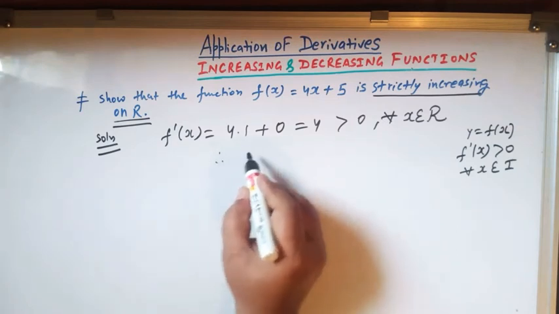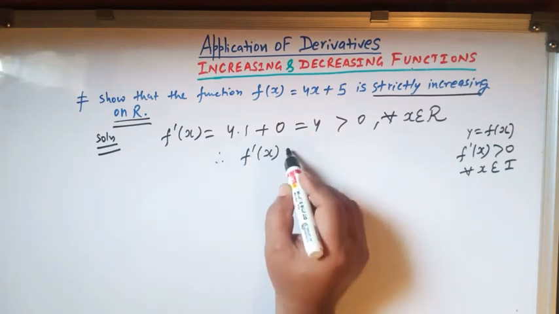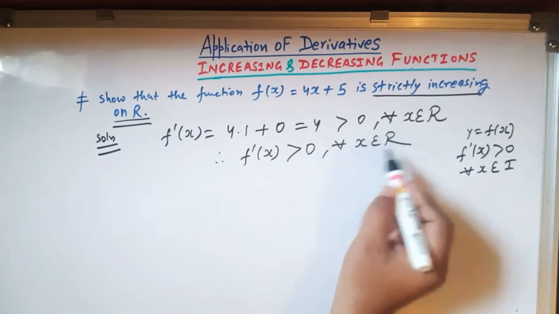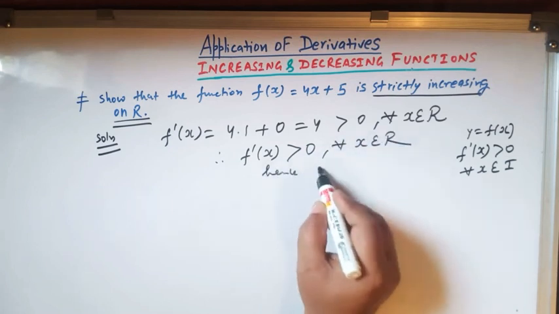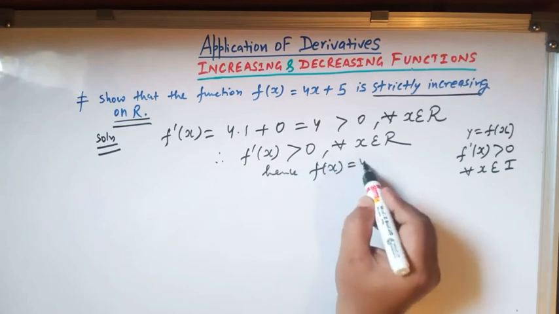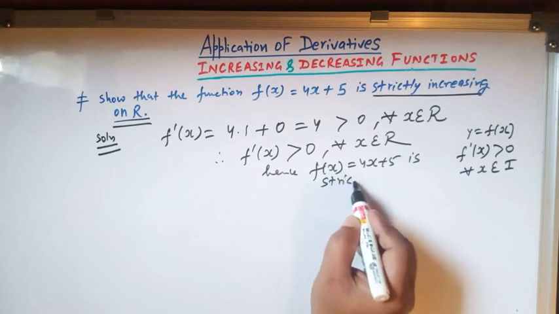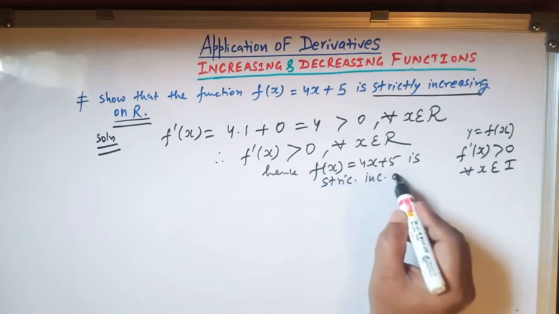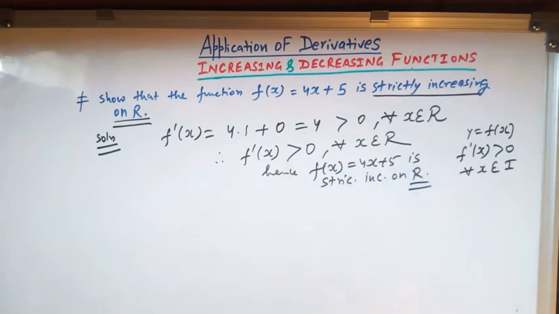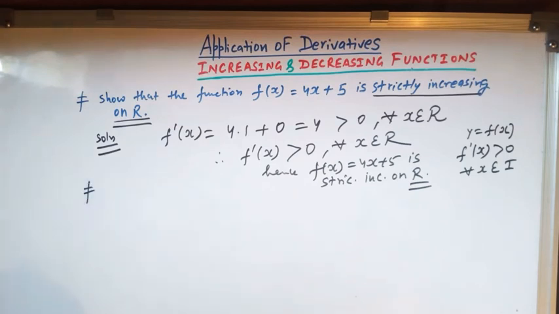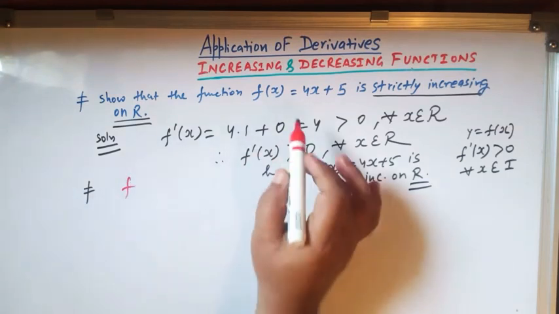Therefore f prime of x is greater than 0 for all x belonging to R. Hence f(x) given by 4x plus 5 is strictly increasing on R.